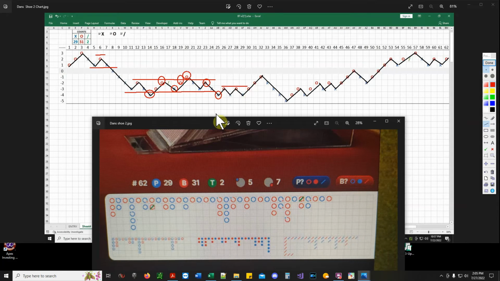Got resistance right here. Little resistance. I call it minor resistance when it's only been established one time. Then notice you got higher lows. And notice it's going up, starting right here. Higher high. Higher low. Higher high.